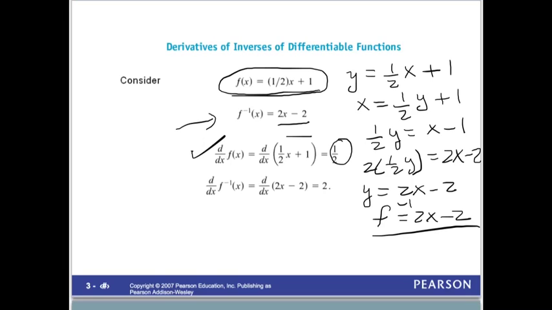And look, the derivative of the inverse function, which is d dx of 2x minus 2, is 2, and the thing we notice is that in this case, the derivative of the inverse function is a reciprocal of the derivative of the function itself. Now we're going to see that this is true in general.